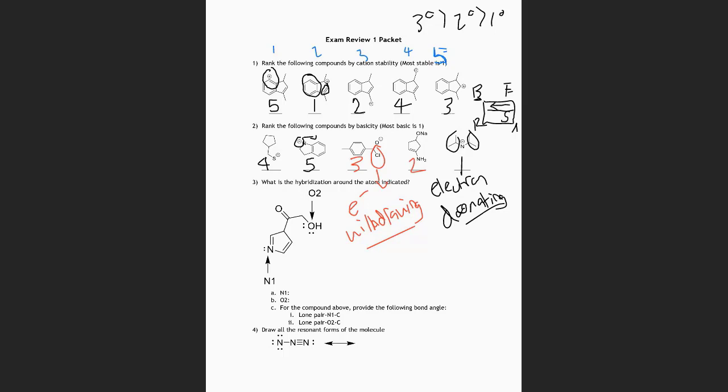So now we're going to move into hybridization. We have 2 atoms here that we're pointing to. For N1, what is the hybridization? And what is the hybridization for O2? I'll give you guys a couple of seconds to figure that out.